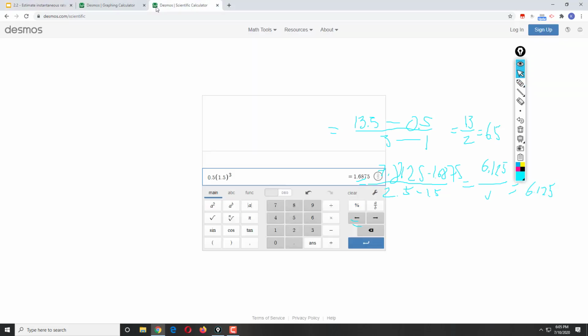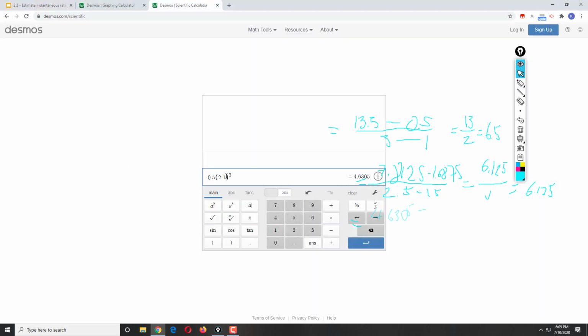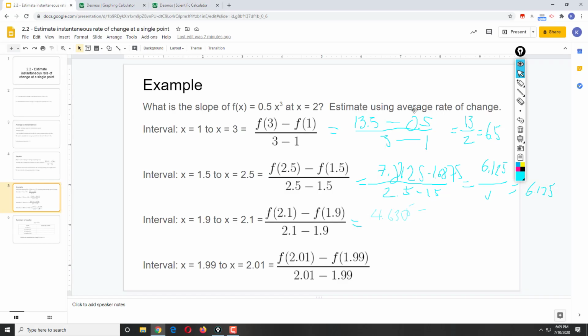If we do the calculations, f of 2.1 is 4.6305. And f of 1.9, 1.9 cubed divided by 2, is 3.4295.